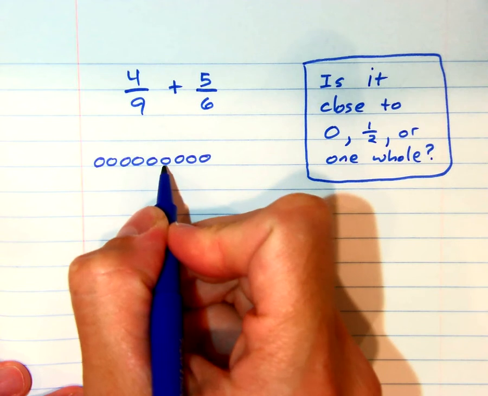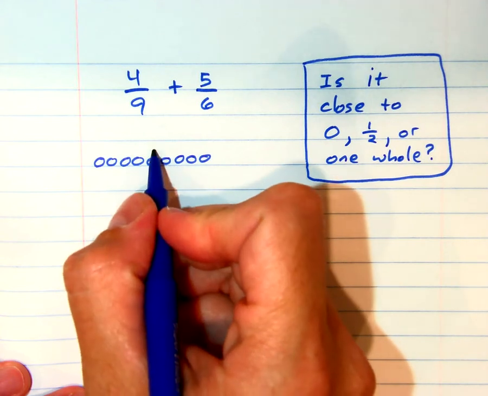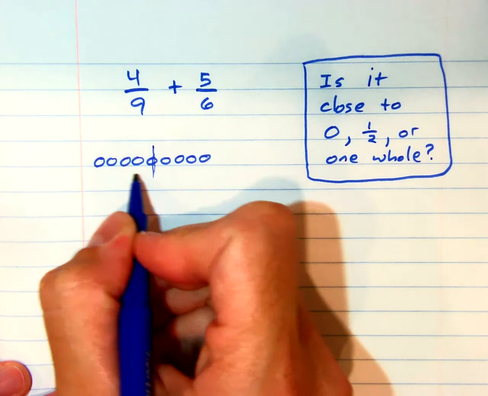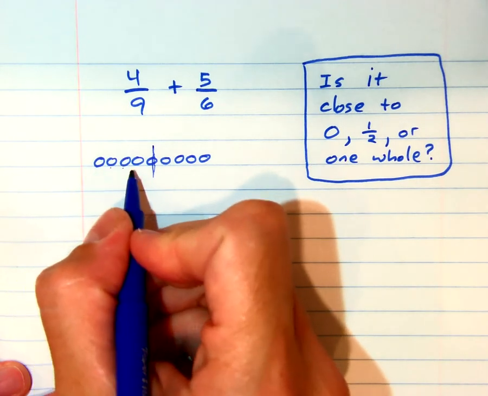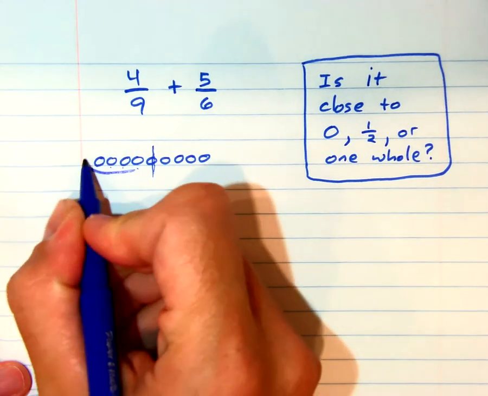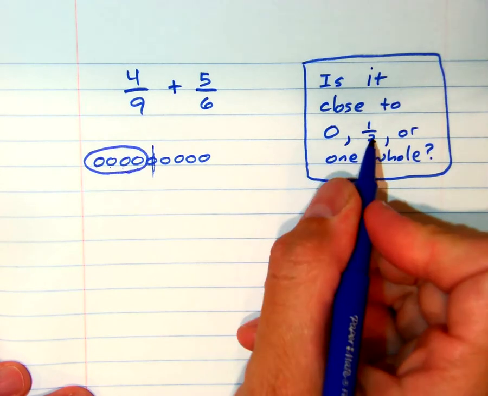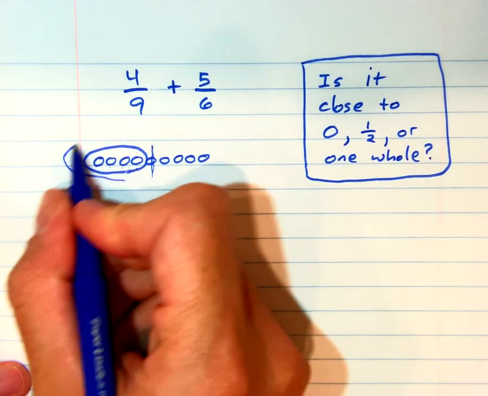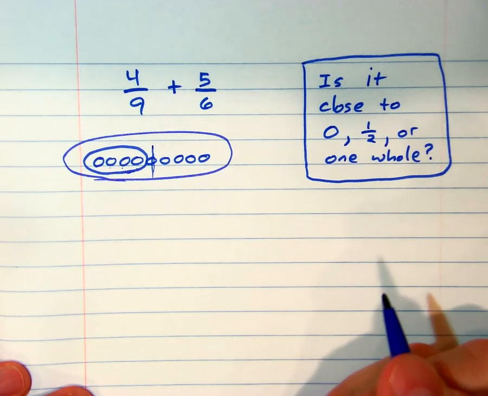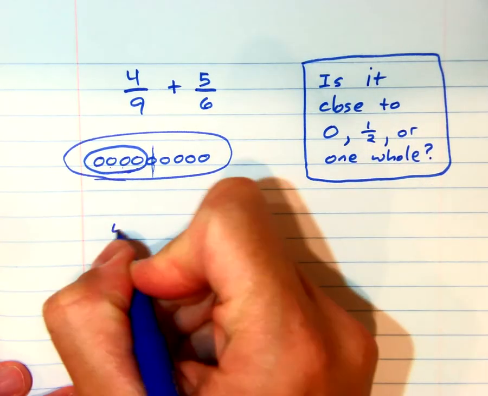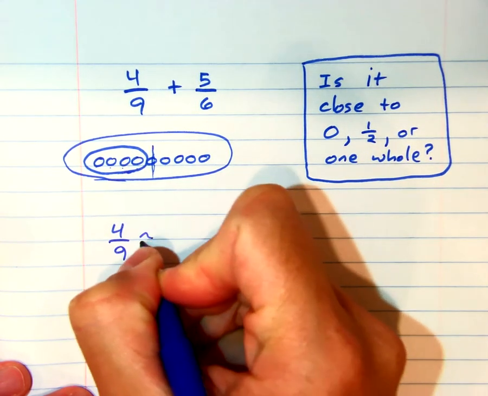If I cut that in half right there, this would be my halfway point. So 1, 2, 3, 4, having 4/9, is that closer to 0, closer to half, or closer to the whole thing? What do you think? I think it's closest to a half, so I could say 4/9 is about half.